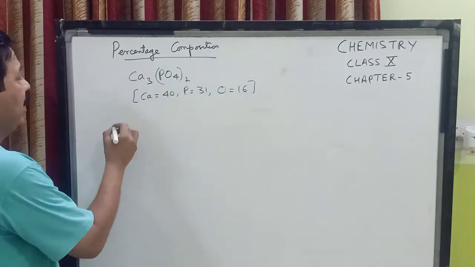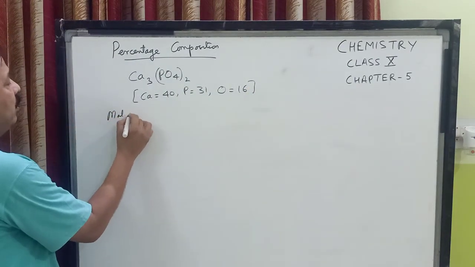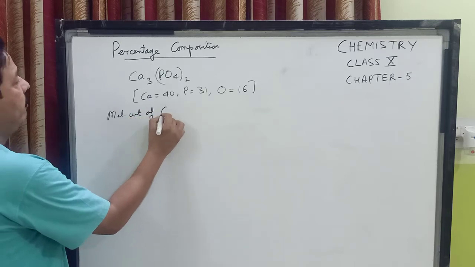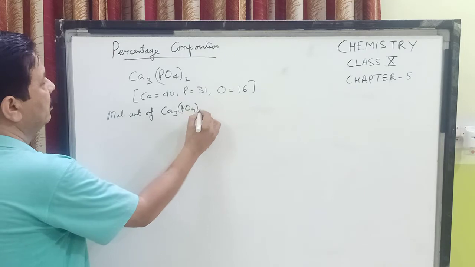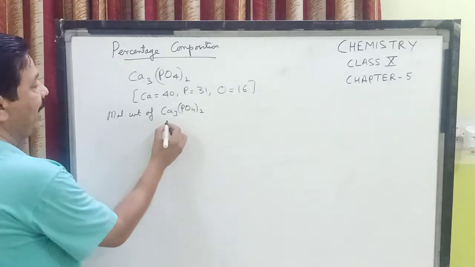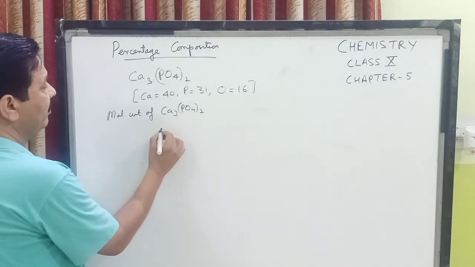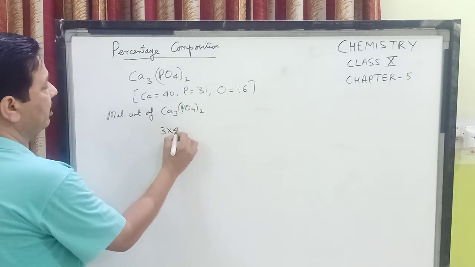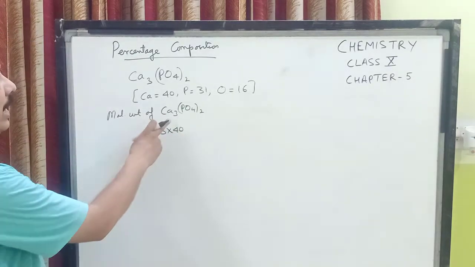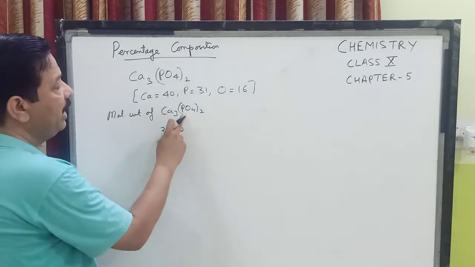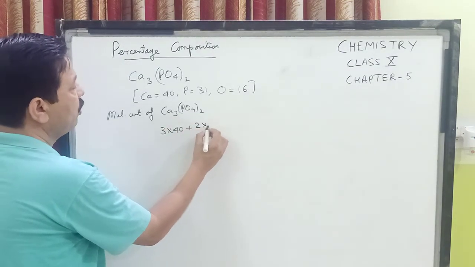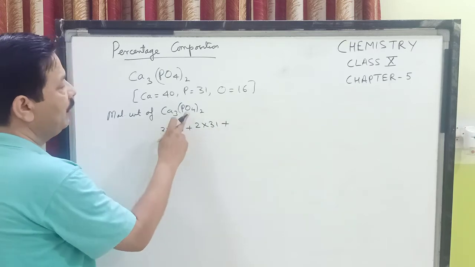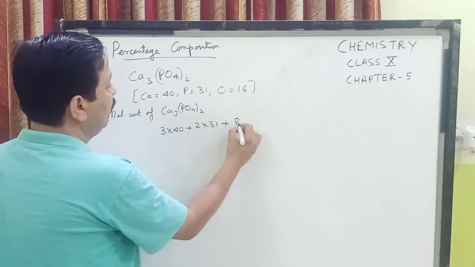Now children, we first calculate the molecular weight of calcium phosphate. We have 3 atoms of calcium, that makes 3 into 40. I hope you have followed this. And how many atoms of phosphorus are present, children? This is 2, so it is 2 into 31, plus 4 into 2, 8 atoms of oxygen.